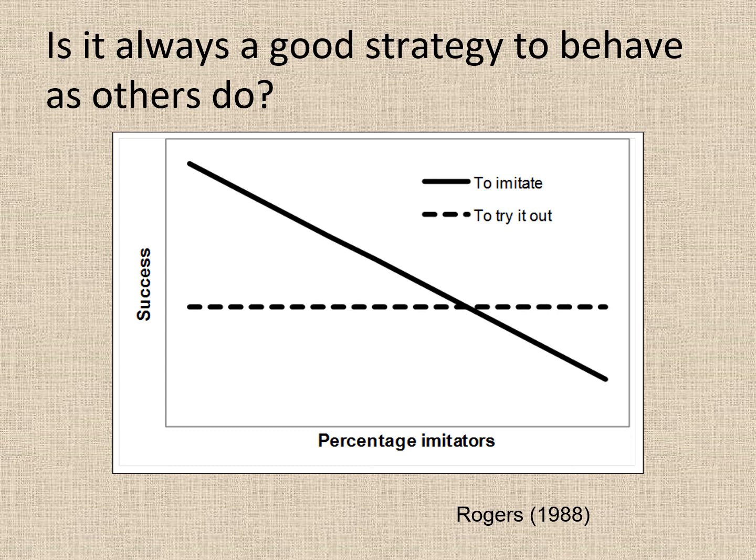And now the question is, if every one of those who goes to restaurant A and not to B have tried both and picked A, then it's probably a very safe strategy to just have a look at what they're doing and do the same.